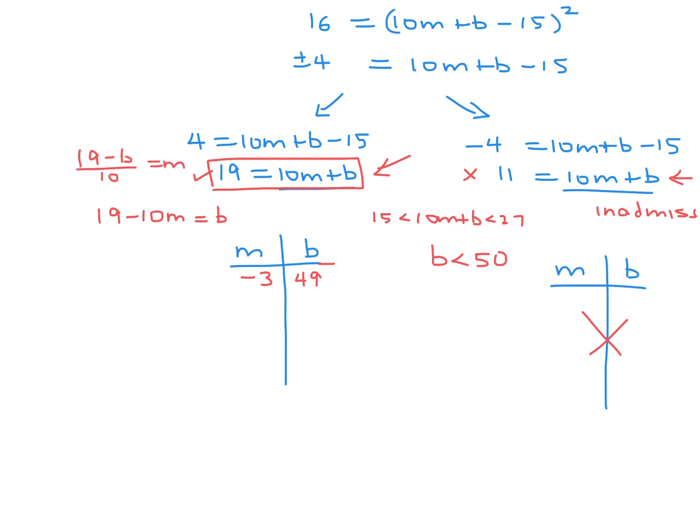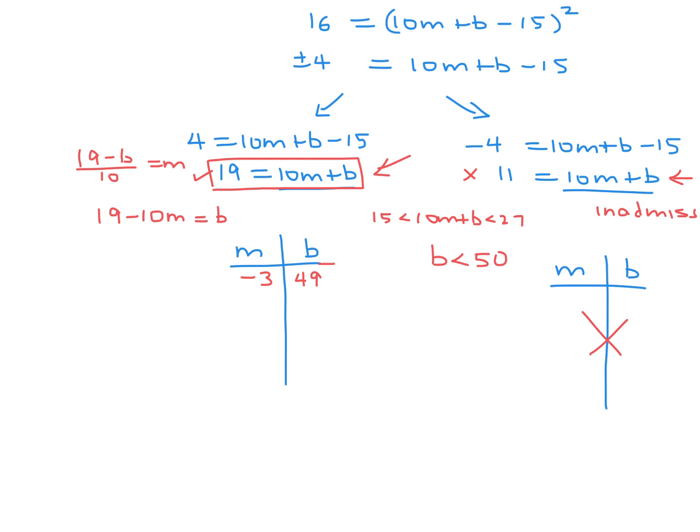So what does that mean? I guess it's just an easier way of going through this instead of going 48, 47, 46, very time consuming. I think you have to go down by 10 in order to get an integer for m. Another way of doing it is just going by values of m.